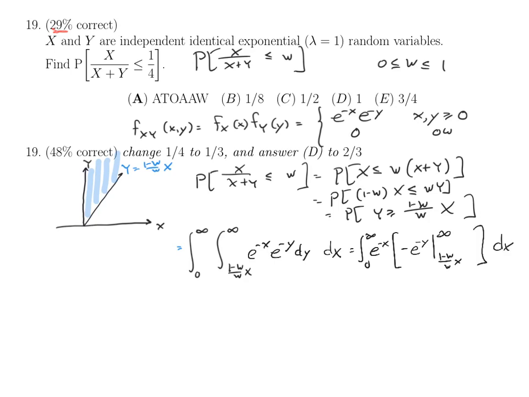And then here's my outer dx. And e to the minus x. And then the inner integral, this is 0 minus e to the minus y evaluated at this lower limit. And so this is e to the minus (1 minus w over w)x dx.